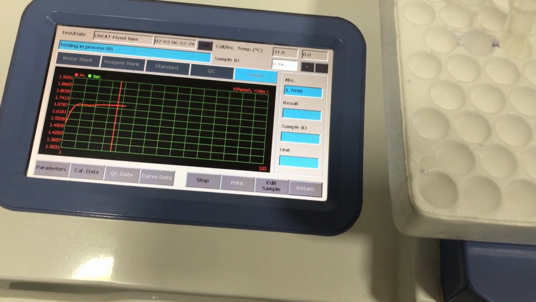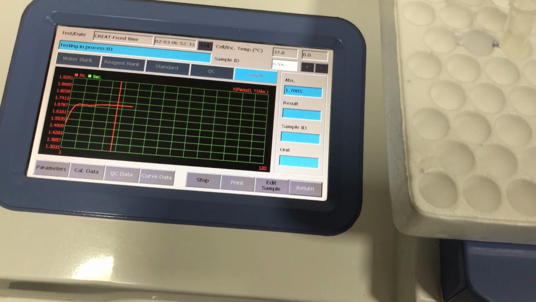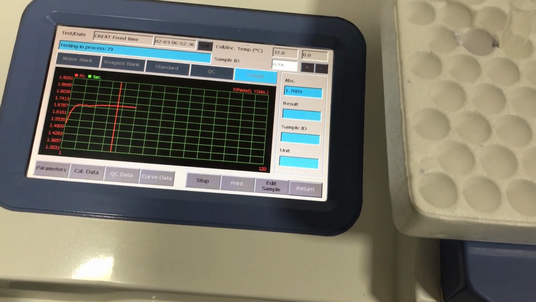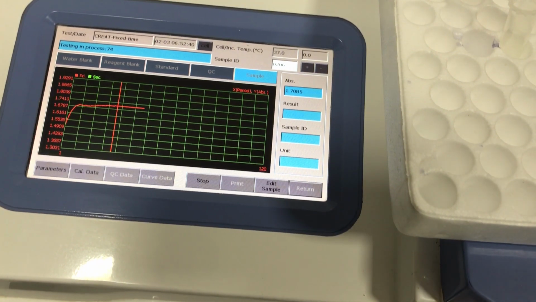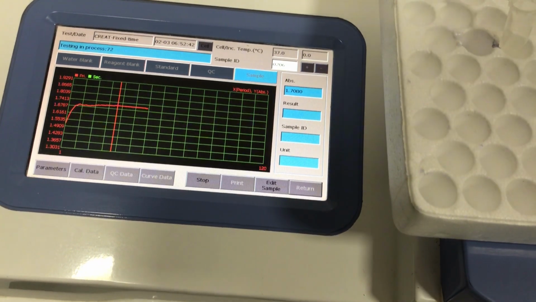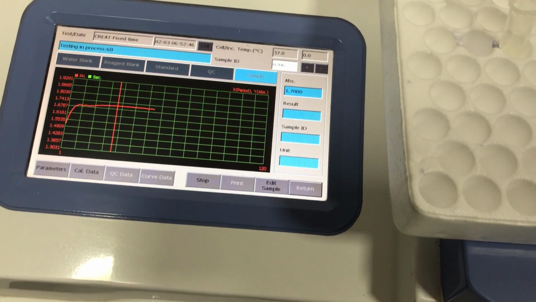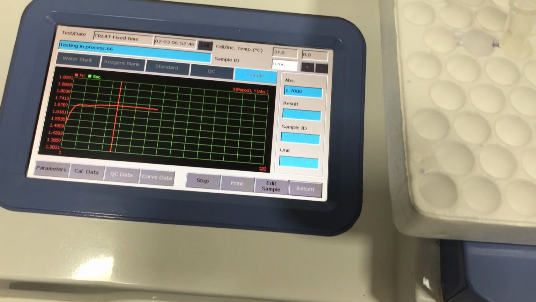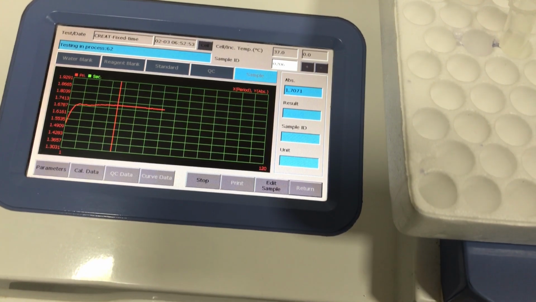That programming has been done in the machine. So the first reading will be taken at 30 seconds, all that waiting will be done by the machine, and then the second reading will be taken at 90 seconds. So that's why we call this particular method a 2-point kinetic. I hope it makes sense.